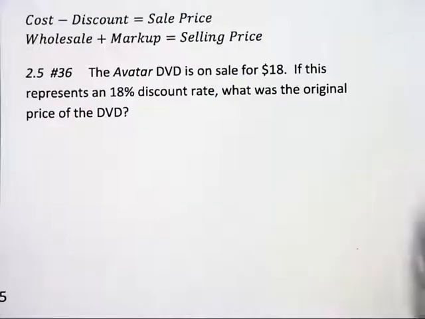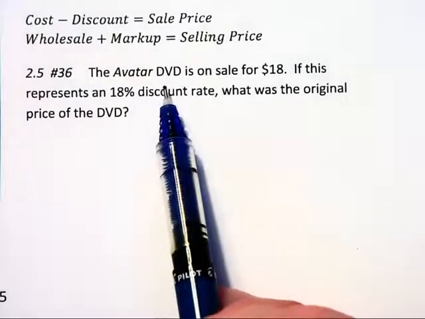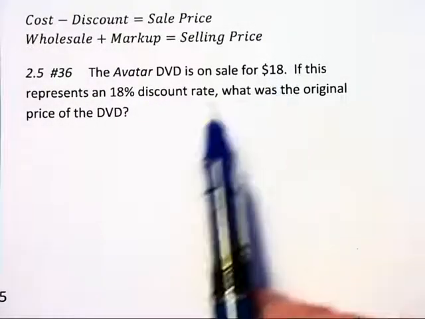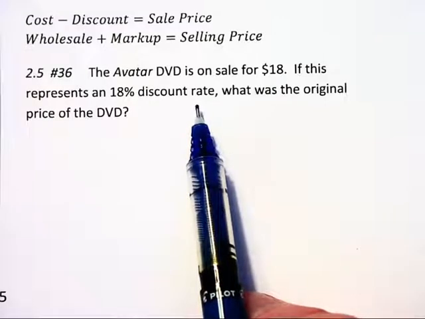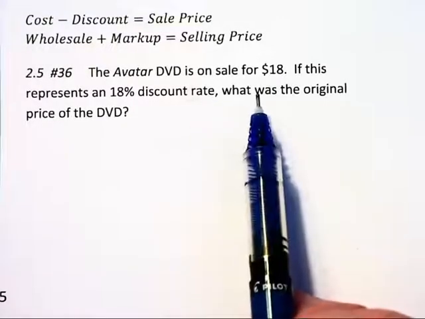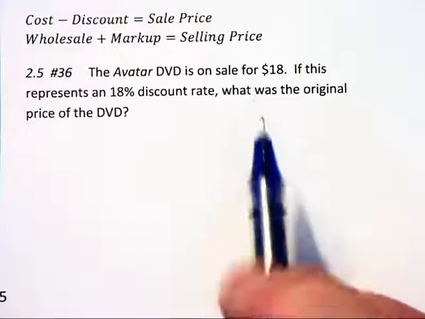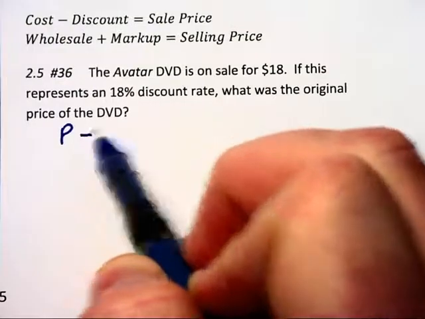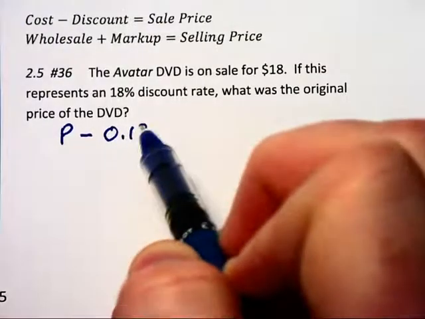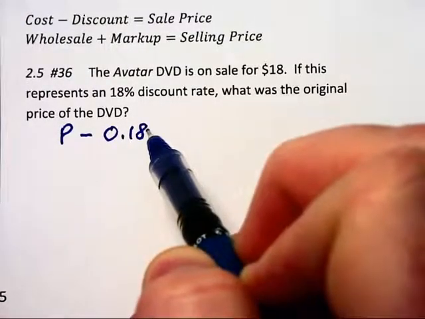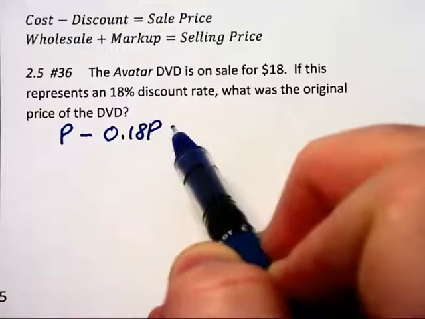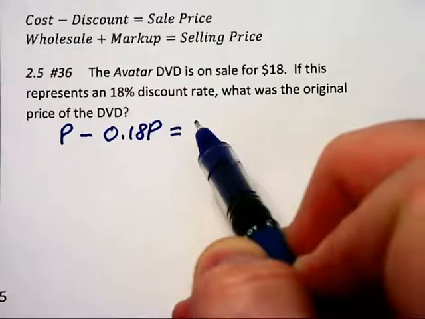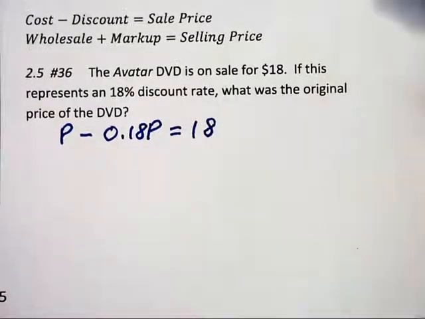In this next problem, the Avatar DVD is on sale for $18. This is the discounted rate. Okay, that means it's already had the deduction taken away from it. So here is the original price minus 18% of the original price, gets it down to a sale price of $18.